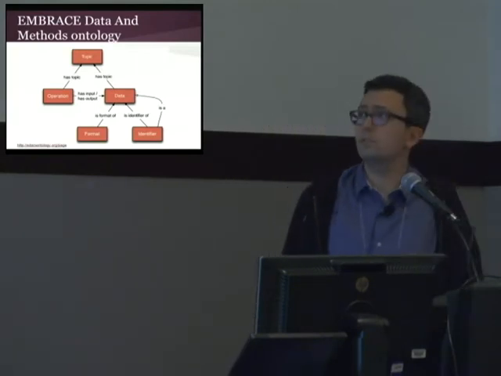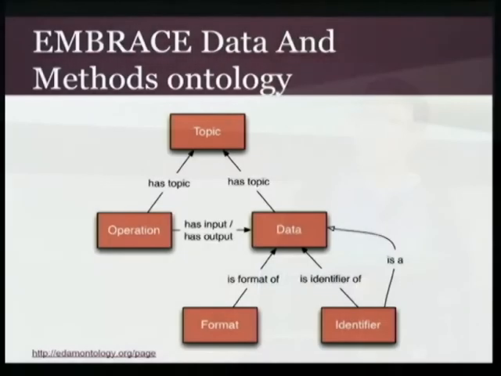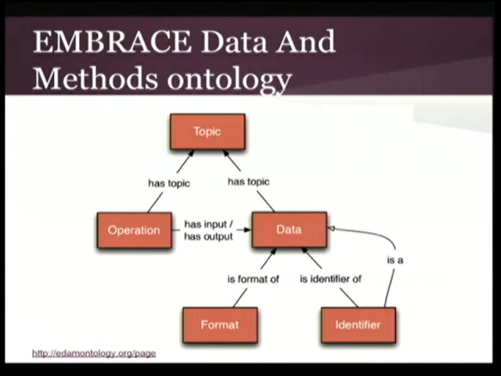So that's where we found the EDAM ontology, the EDAM ontology that some of you may already know. This ontology has four main categories. The topic ontology describes subfields of bioinformatics.